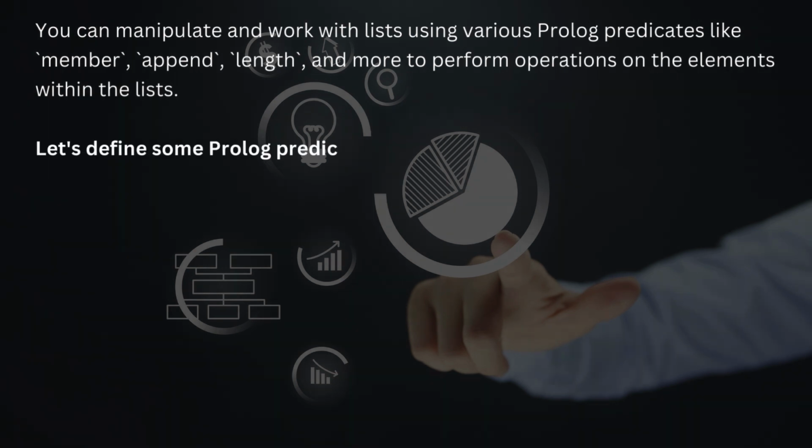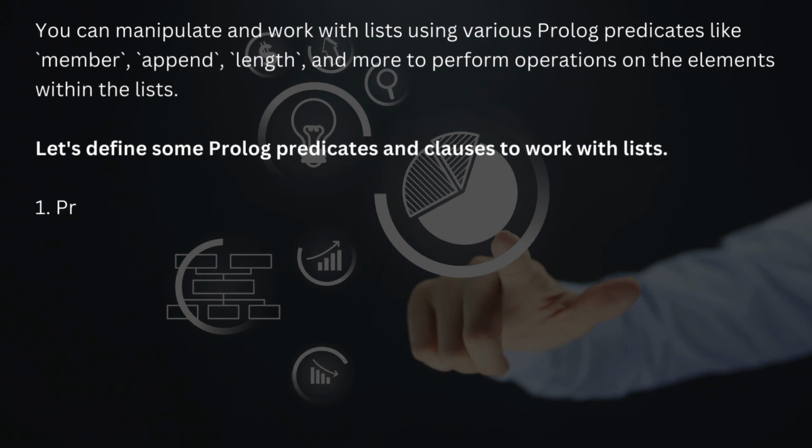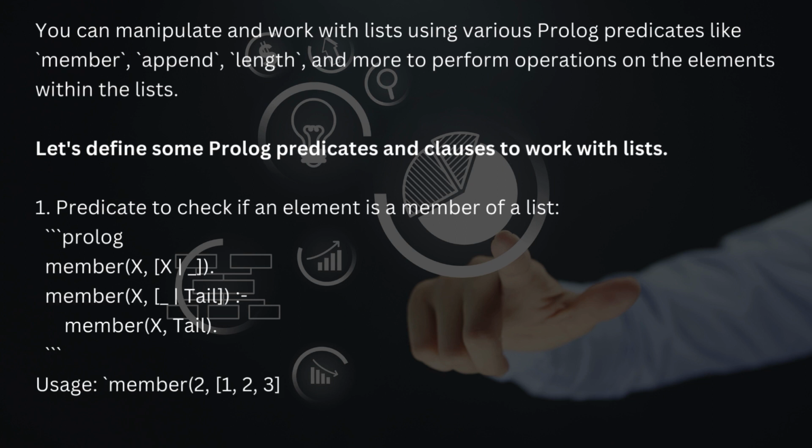Now, let us define some Prolog predicates and clauses to work with lists. First, a predicate to check if an element is a member of a list or not. How can you define this in Prolog?